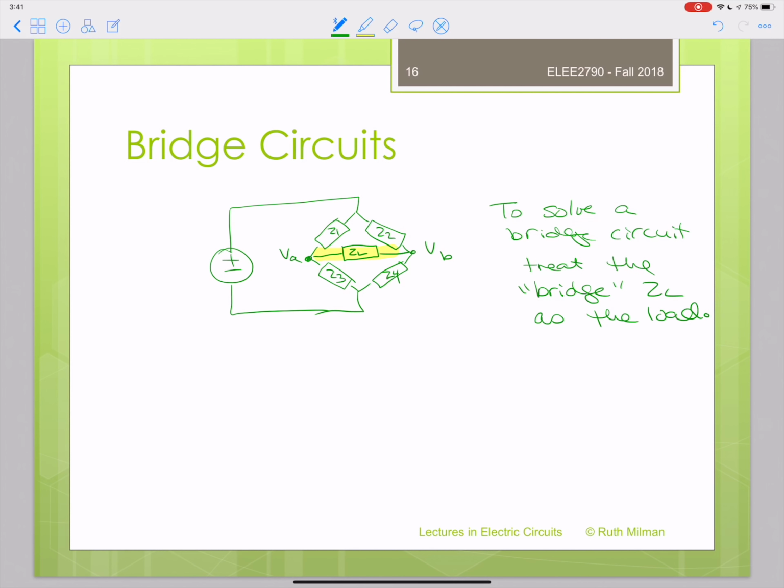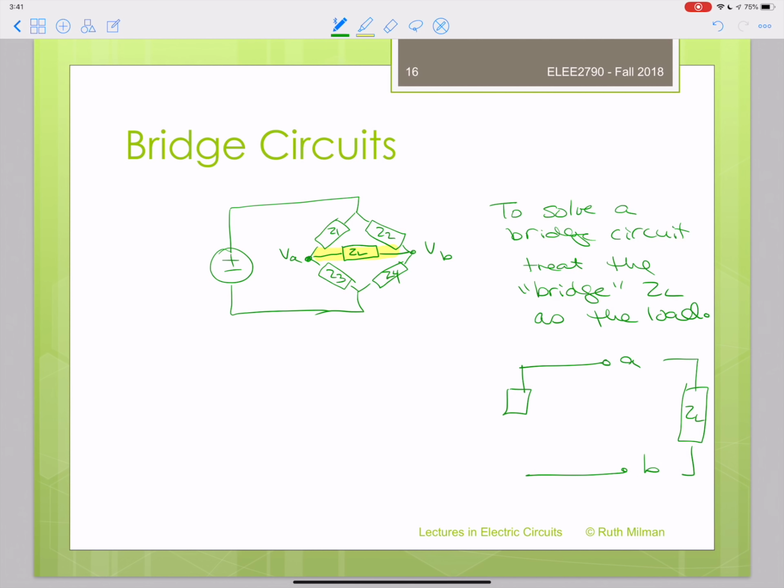It's important to realize that redrawing things can often give us a good perspective on exactly what goes on. So if you're going to redraw that, here's point A, here's point B. And you notice that from A to B, you have essentially a path from Z1, Z2 to B, or a path from Z3 to Z4 to B, or of course the load, which I'm separating out at the other end.